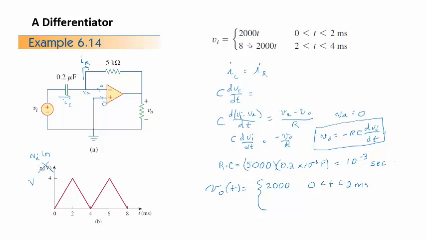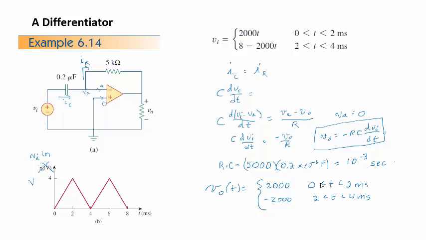And then the derivative of this with respect to t is minus 2,000 from 2 to 4 milliseconds. And this just repeats between 4 and 6 and 6 to 8. You don't actually have to do it again and again, but if you do, the next part will have a constant for where the y-intercept is changing.